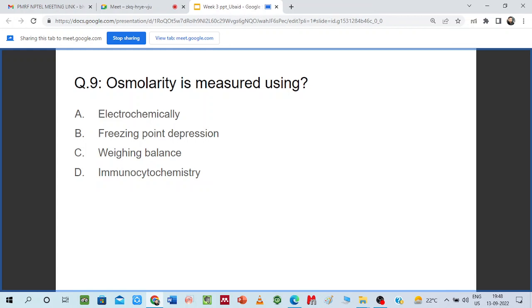You may have studied in your 11th or 12th class colligative properties, and one of the colligative properties is the osmotic pressure, and osmolarity is related to the osmotic pressure. You may have studied that equation. So the answer is the freezing point depression.